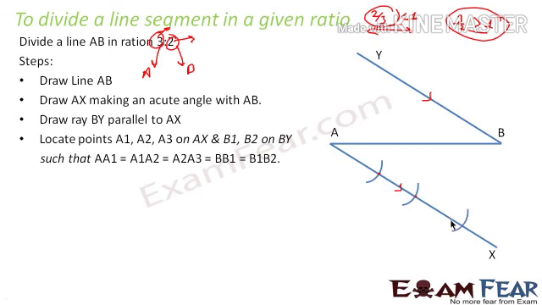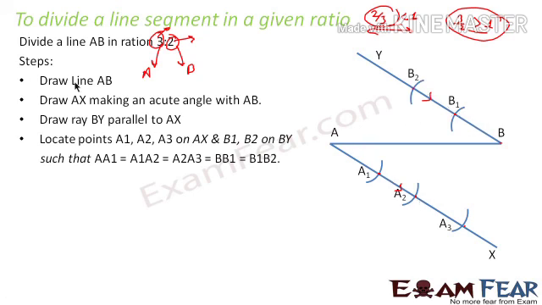From this point again using the compass you draw this line. Correct? Now from point B, you again draw this point here using the compass. Again from this point you draw like this, and let's name these points.